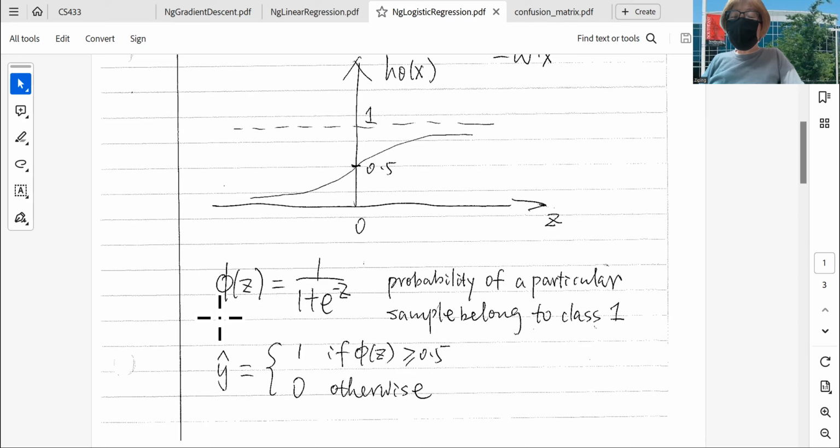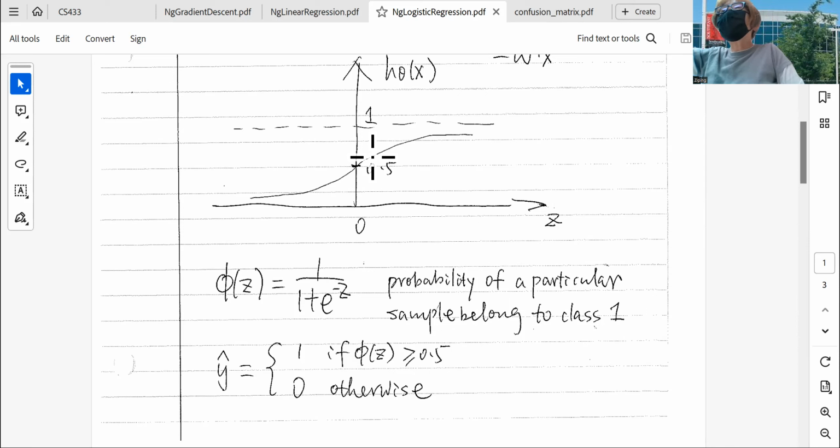So you use this decision function, and if its value is greater than 0.5... And what does this represent? This represents the probability of a particular sample belonging to the class. So it just represents possibility, probability. If the value is somewhere here, that means the probability it will belong to class 1 is about 55%.